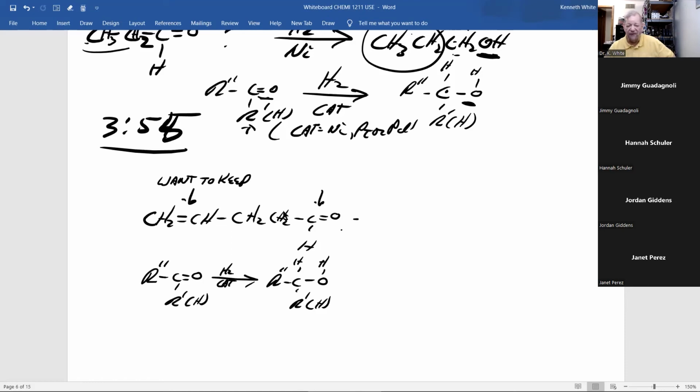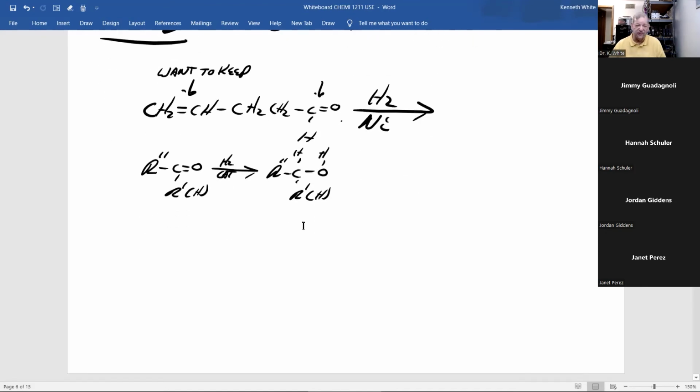However, if I were to do this reaction, guess what? You learned for test one, a double bond reacting with hydrogen and a catalyst like nickel, you'll break the pi bond and you'll get that. Well, in reality, if you try this reaction right here, and to use real scientific terms, you get a mess.